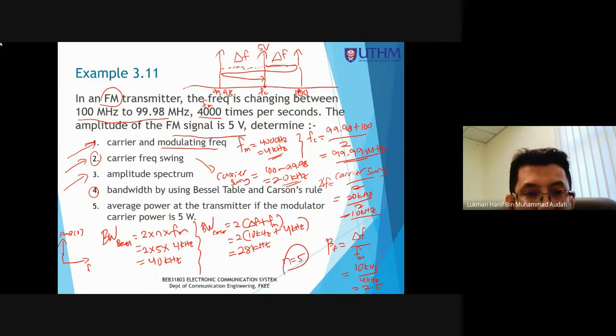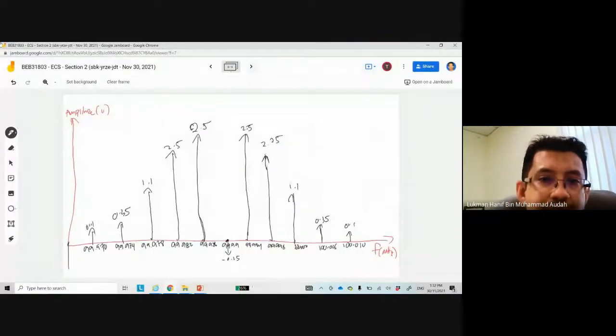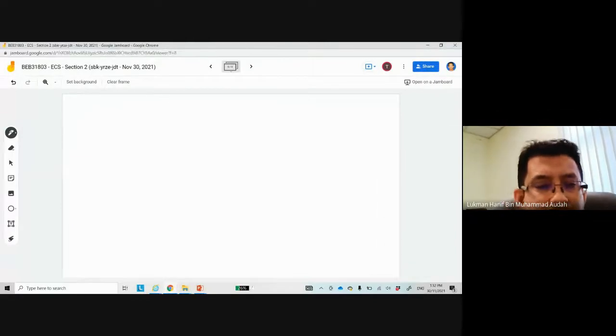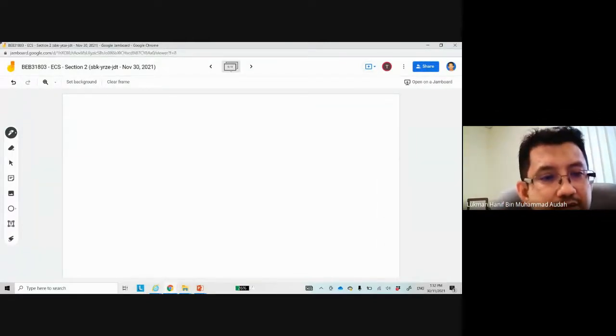Maksudnya apa? Maksudnya kalau kita lihat gambar, mungkin saya kena buat di sini lah. So kita perlu lihat dalam perspektif transmitter.